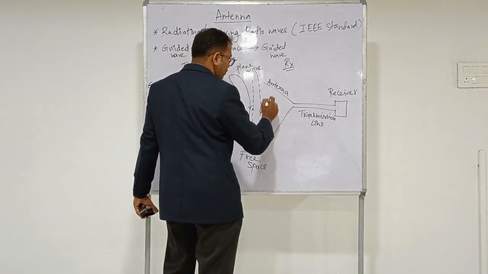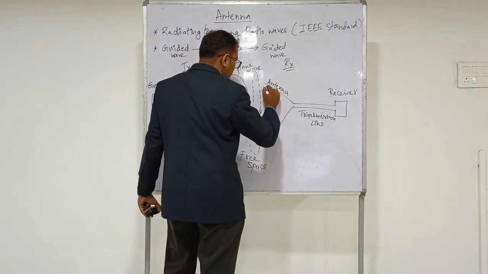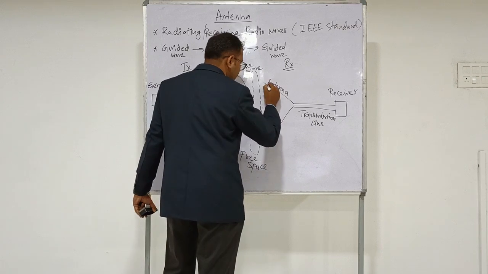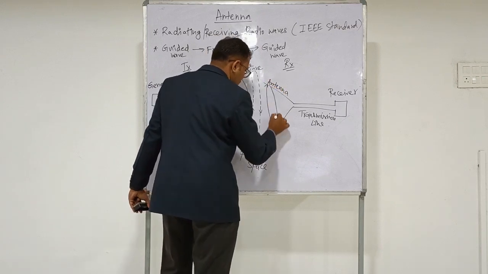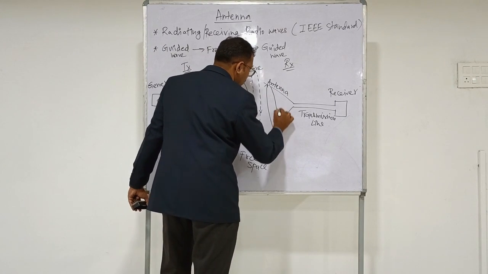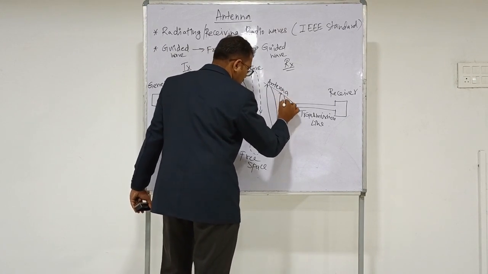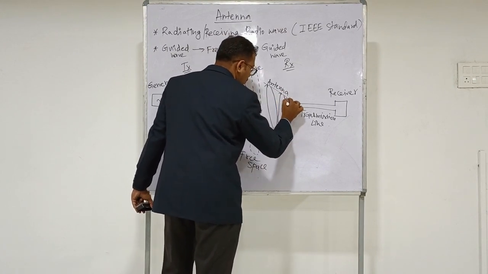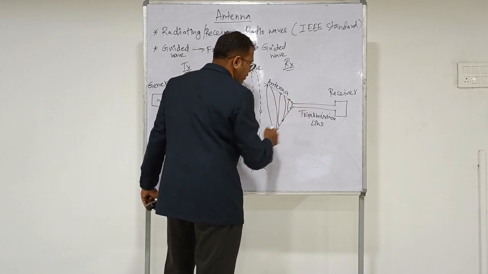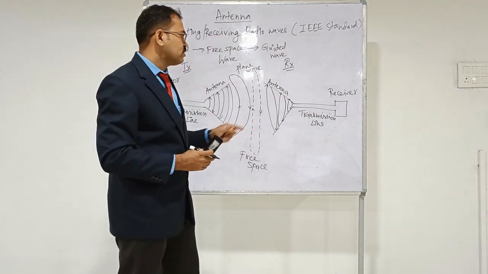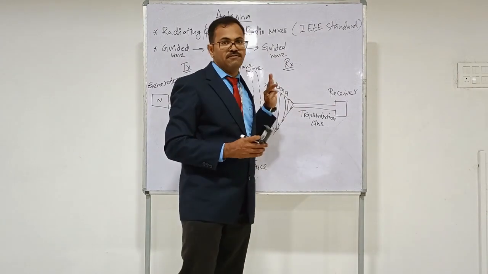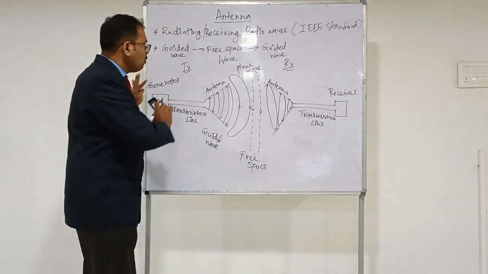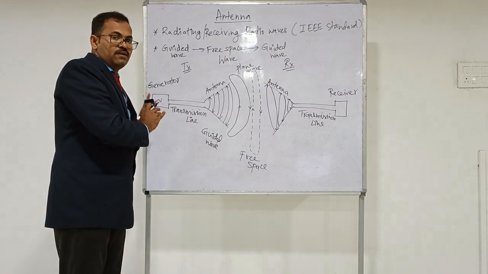Then this free space wave will get converted into a guided wave, and eventually this will become a guided wave. That is how power is delivered to the receiver. So this is the whole idea behind antennas.